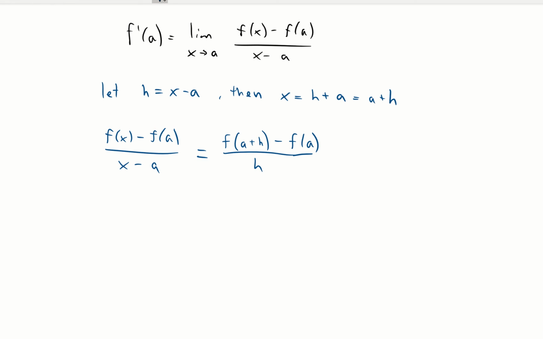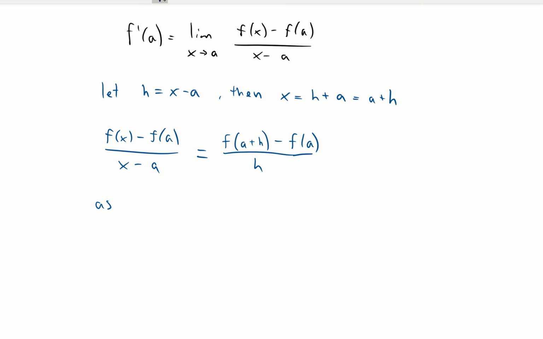Now, like I said, there's some value in that. What has happened is we don't have any x's now, and we don't have subtraction or difference in the denominator. So our new limit isn't going to depend on this value x anymore. It's going to be a little bit different here. As we look at this, we see that in the original expression, we were looking at the limit as x goes toward a.